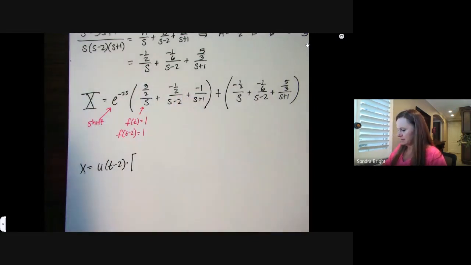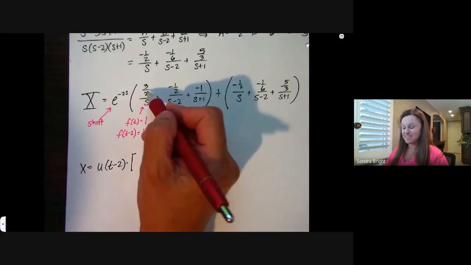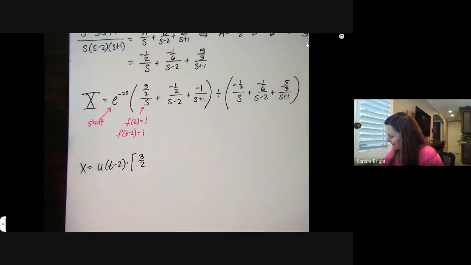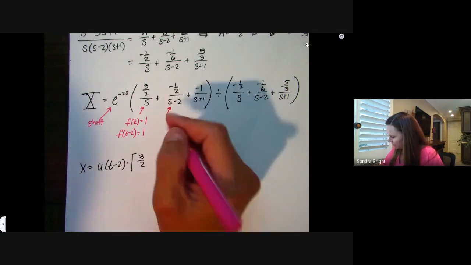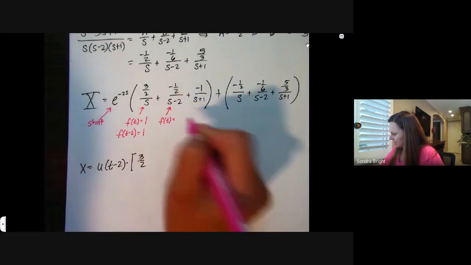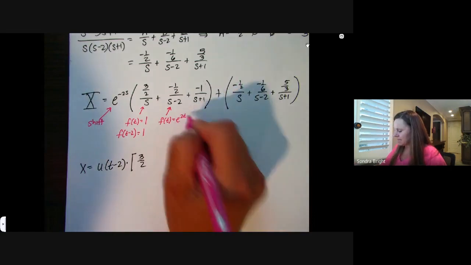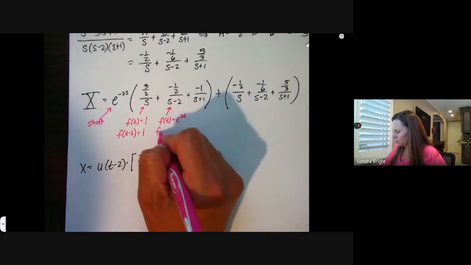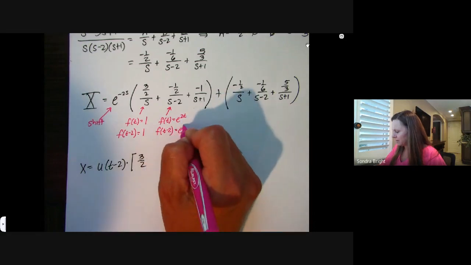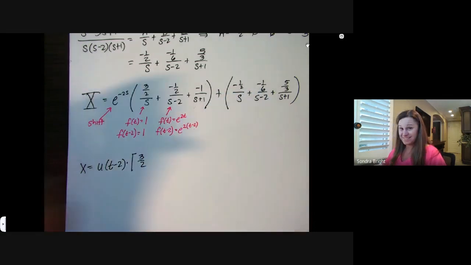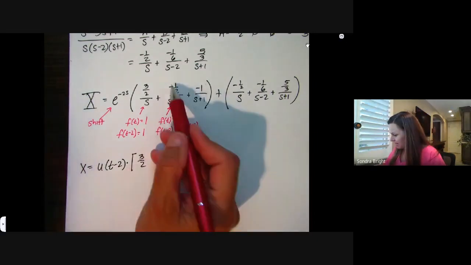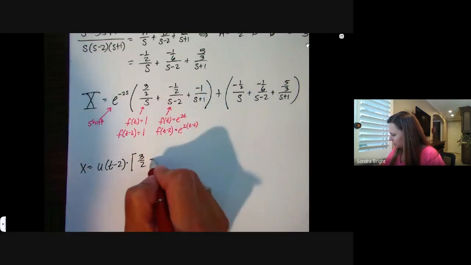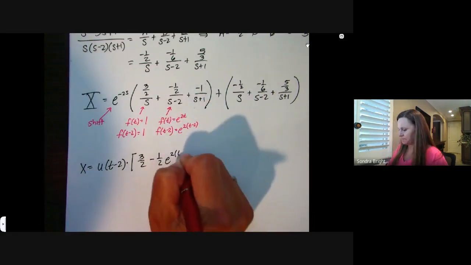So this will be 3/2 times 1, so 3/2. This one is a negative 1/2 over s minus 2, so little f of t is e to the 2t, but that means f of t minus 2 is e to the 2 times t minus 2. With the negative 1/2 in front, it's minus 1/2 e to the 2 times t minus 2.